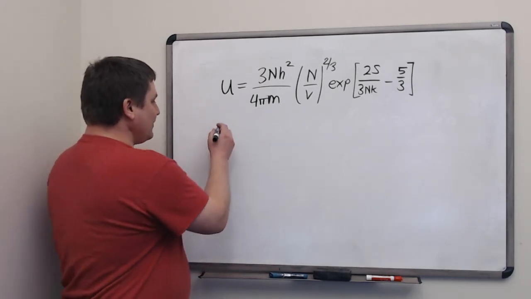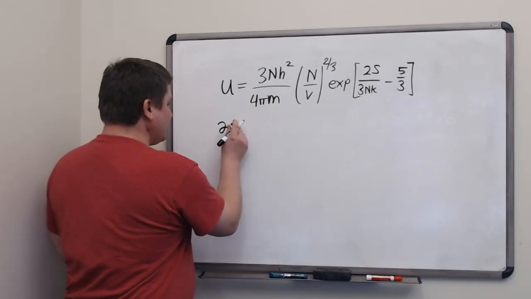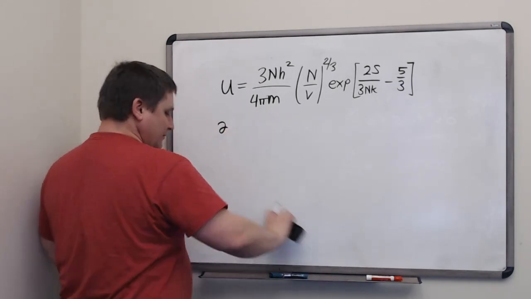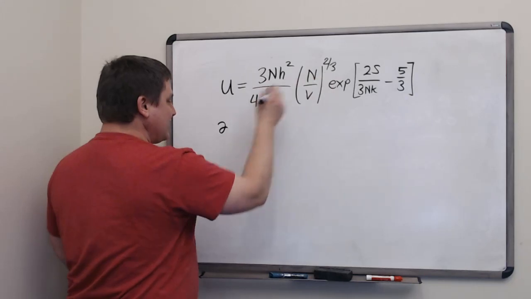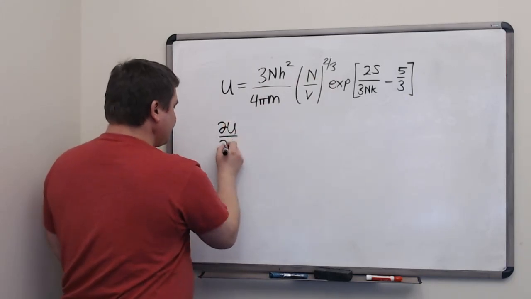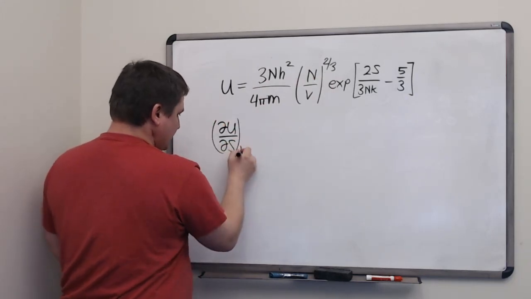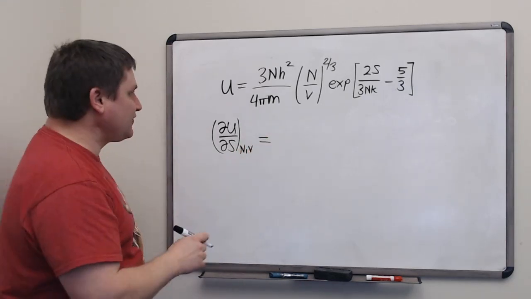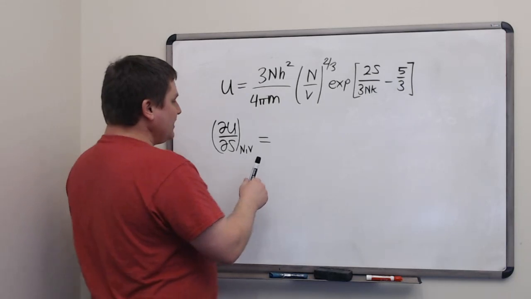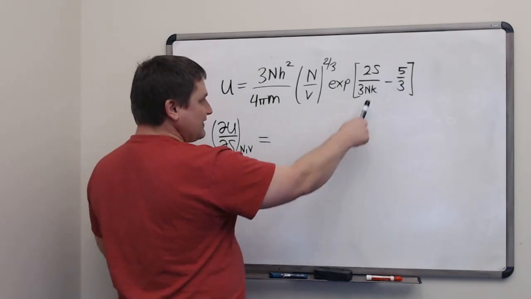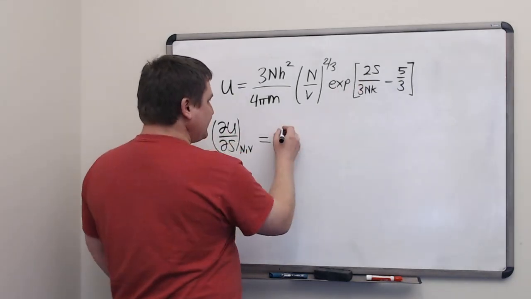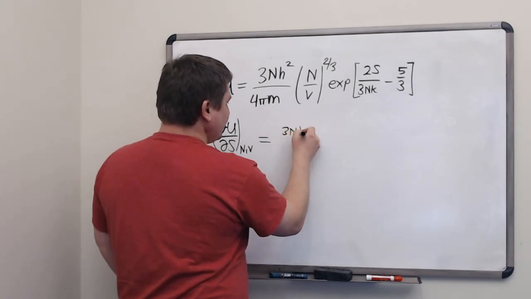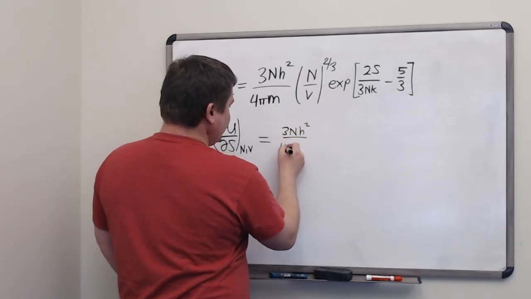So the goal here was to take the derivatives. Since this is U in terms of the natural variables S, V, and N, the derivatives don't require any more monkeying around with variables. We can just do them. The only place S shows up here is in an exponential, so all this other stuff stays unchanged.